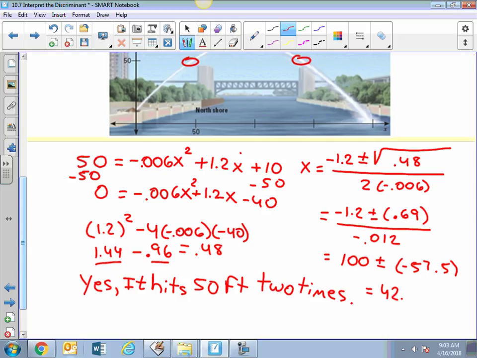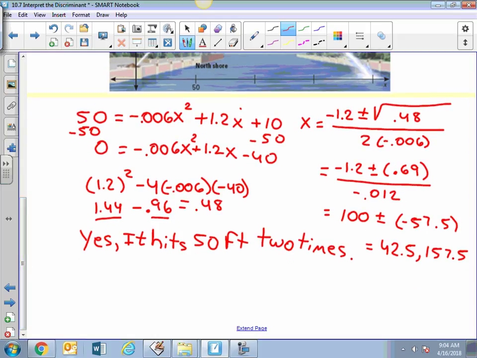So it looks like 42.5, and then on the right as it goes, it looks like it would hit at 157.5. So where it's hitting horizontally, I would just say at 42.5 feet and 157.5 feet.